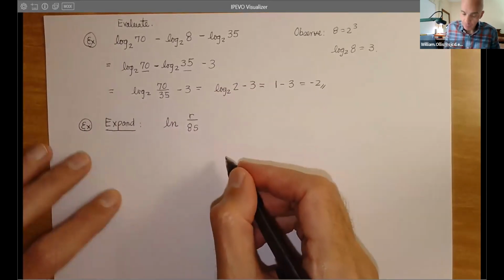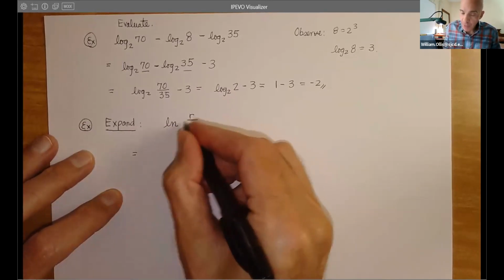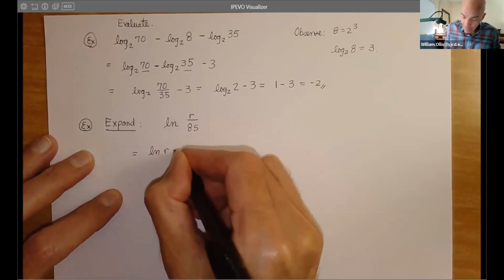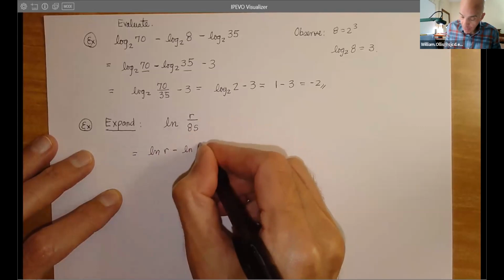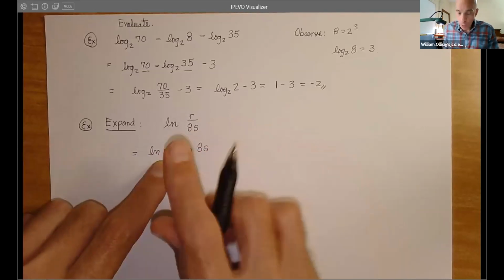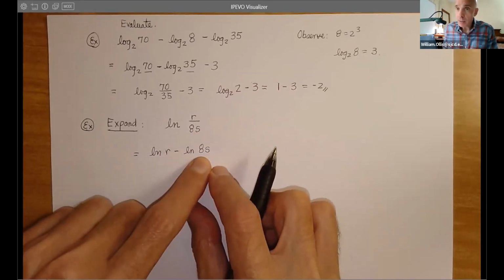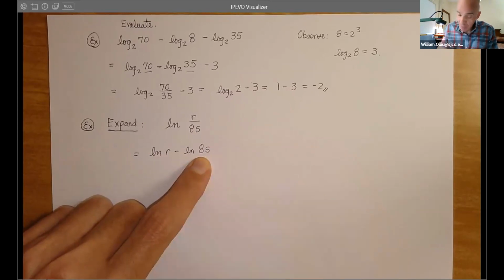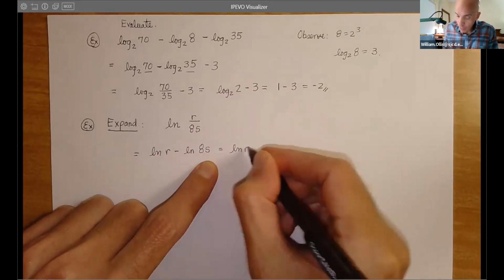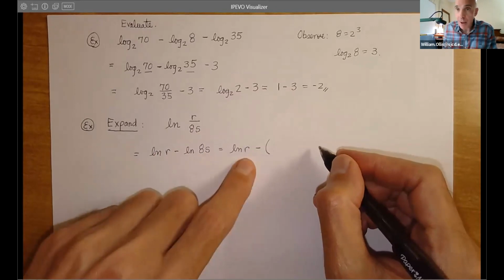Very simple problem. Well, now we're thinking, okay, well, we have the quotient rule, so we'll have the log of a difference. So we'll say the natural log of R minus the natural log of 8 times S. And then, of course, this is fixed. We can't do anything with this, but this is a product. And so we can use the product rule. So now we have the natural log of R minus, and we'll use our parentheses because we're going to want to distribute the minus here.